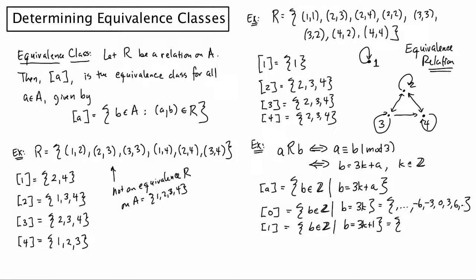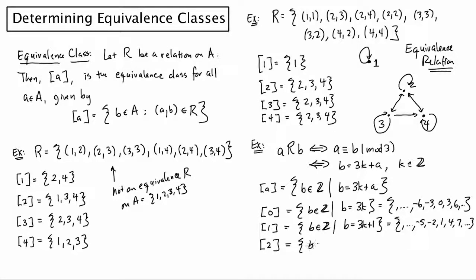These are elements that are equivalent to 1 mod 3. Well, the elements that are equivalent to 1 mod 3 are the elements like -5, -2, 1 of course, 4, 7, and so on.